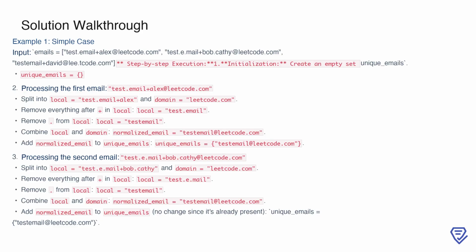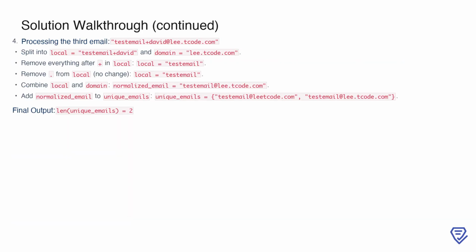Moving to the second email, test.e.mail+bob.cathy@leetcode.com, we follow the same steps. After removing everything after the plus and the periods, we get the same normalized email, testemail@leetcode.com. Since this email is already in the set, the set remains unchanged. Now, let's process the third email, testemail+david@lee.code.com.